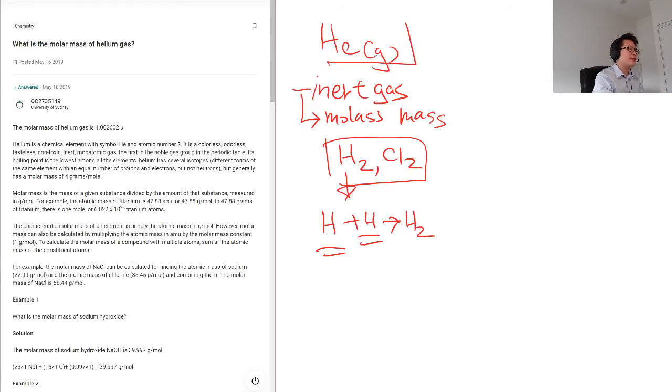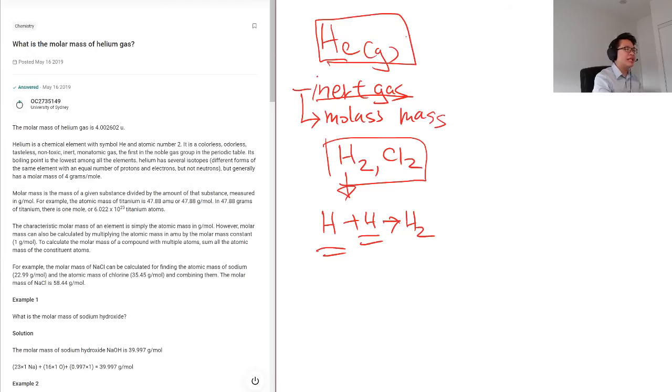But when we look at helium, helium is an inert gas, a noble gas. They are called inert gas or noble gas for a reason, because they are stable. They are not going to react unless under some specific condition.